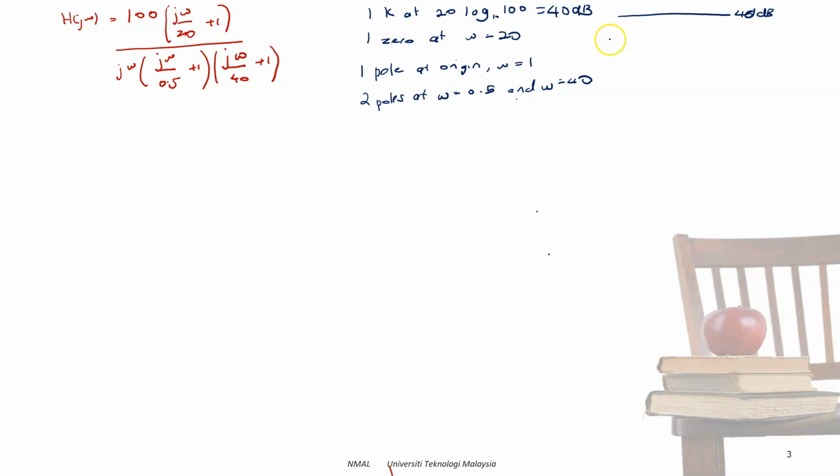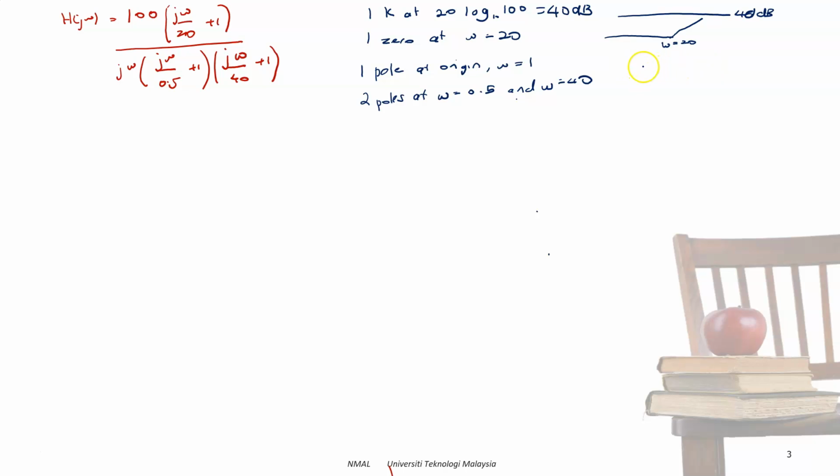So this 0, there will be a straight line, and then it will be a ramp with gradient 20 dB per decade. So this is 0 at omega equal to 20, and then there will be pole at origin at omega equal to 1.